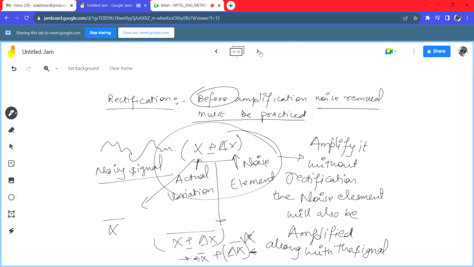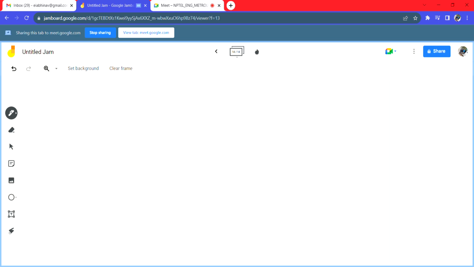So essentially, as soon as you get the input signal and you pass it through the transducer and it converts into an electrical voltage, the first thing that should be done is noise removal and noise rectification. And after that, we should go on for amplification.